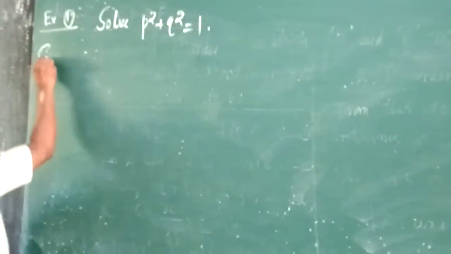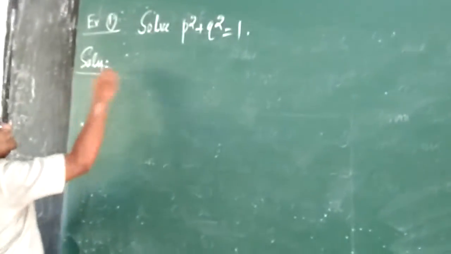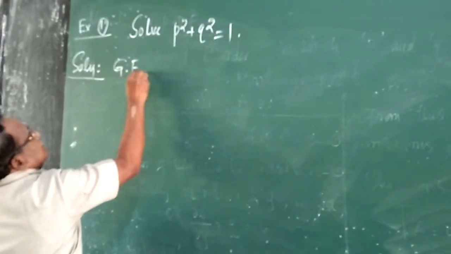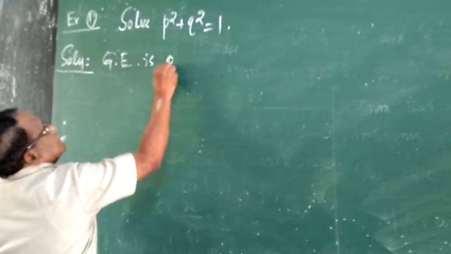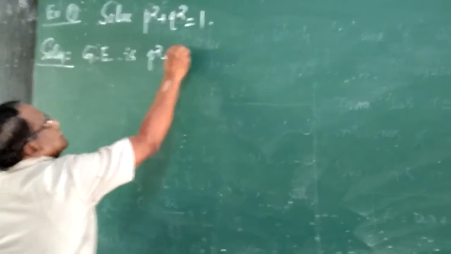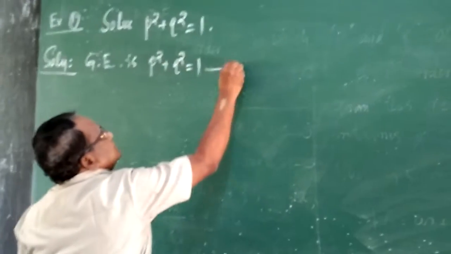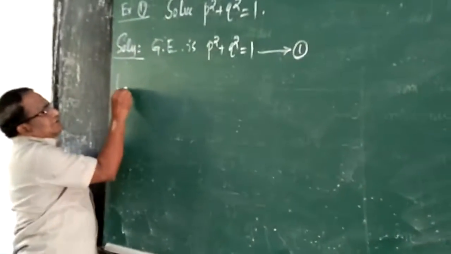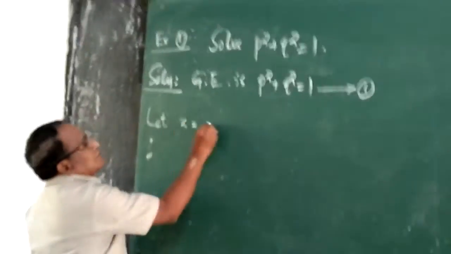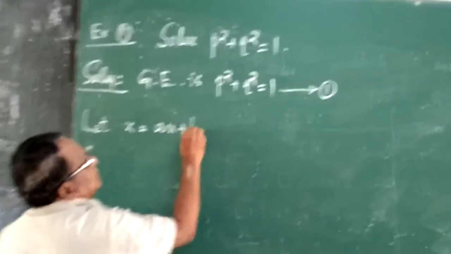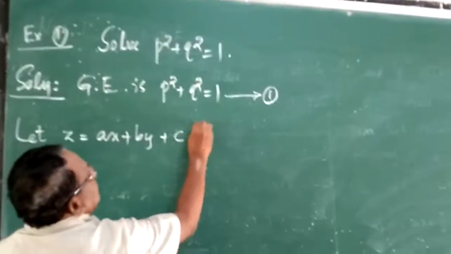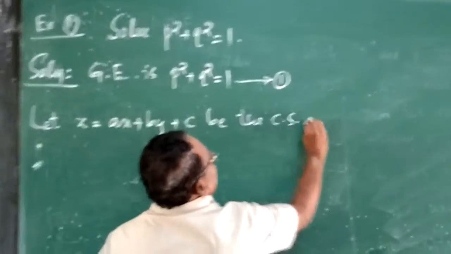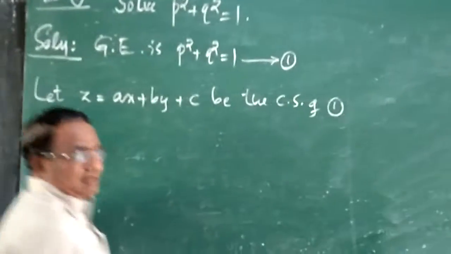In order to solve this, the same procedure we have to adopt here. Given equation is p square plus q square is equal to 1. Call it equation number 1. Let z is equal to ax plus by plus c be the complete solution of equation number 1.